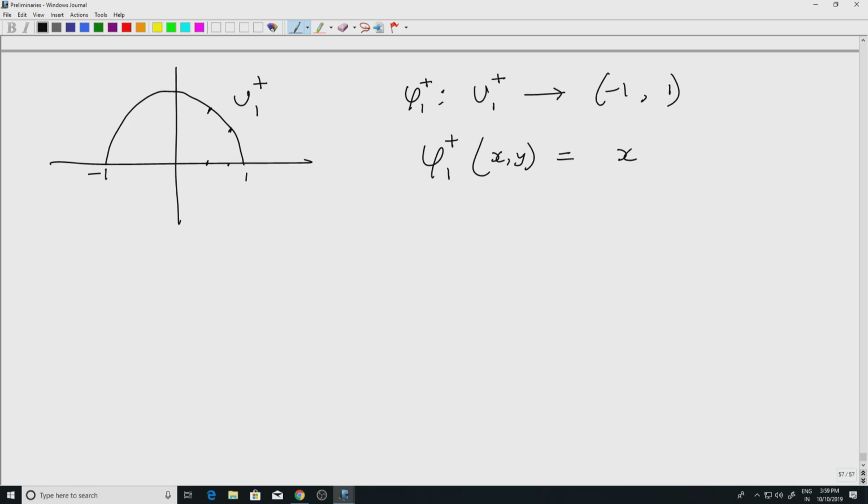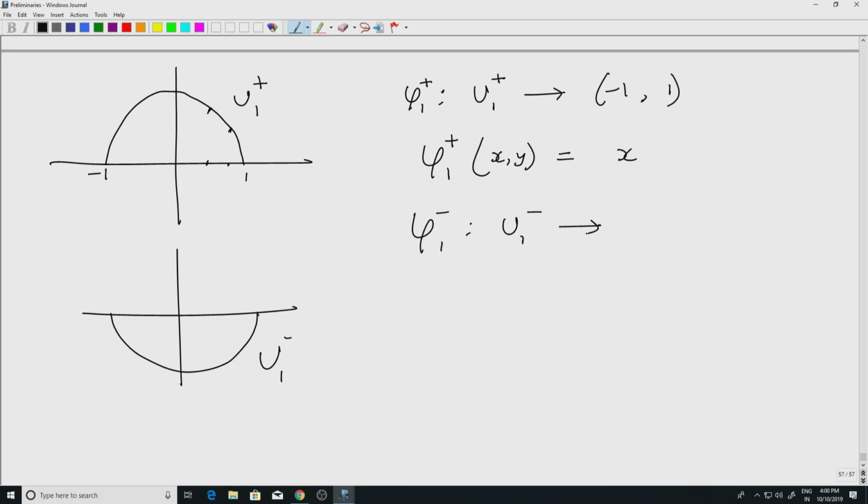Similarly, when I work with U1, but with a minus sign, when I have phi1 minus from U1 minus to -1 to 1, I do the same thing, phi1 minus of x, y equal to x.